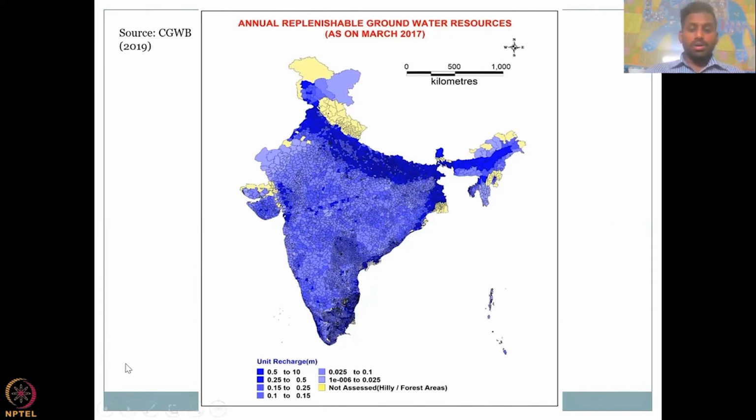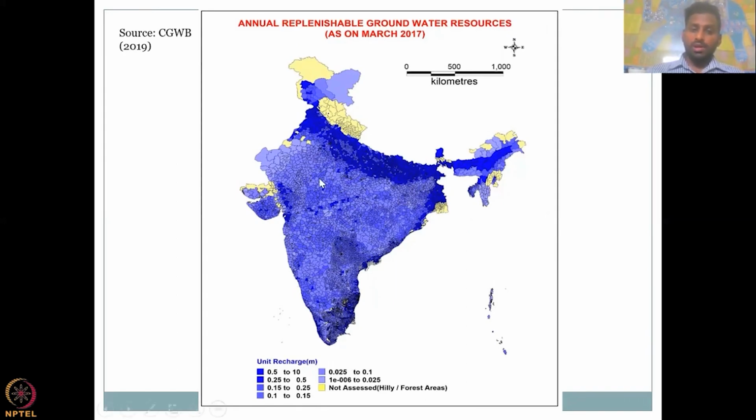The unit recharge has been estimated every year or every 2 years, and the Central Groundwater Board puts these levels across. They have around 15,000 wells spread across India, and they monitor every 4 months, at quarterly intervals, and make these beautiful maps to show where the groundwater recharge is happening.